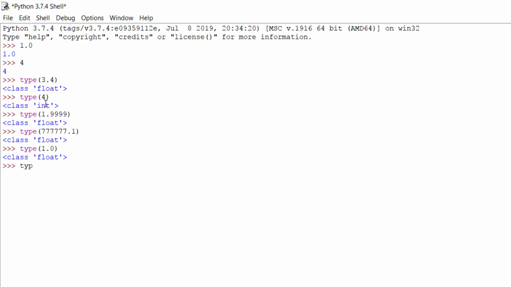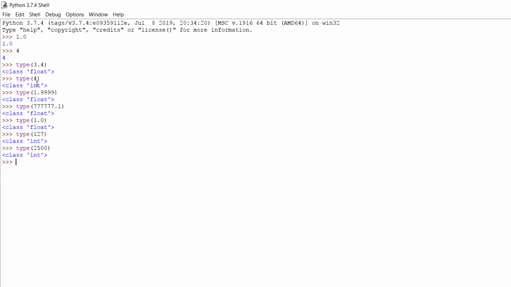If we type 127, it will be an integer number. If we type 2500, it will also say that it is an integer type number. With the help of this function, you can know what type of number you are using in your program.